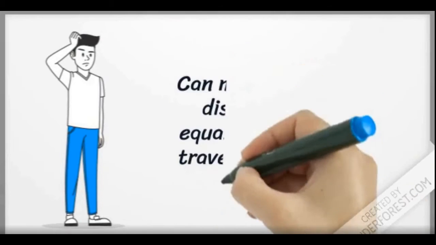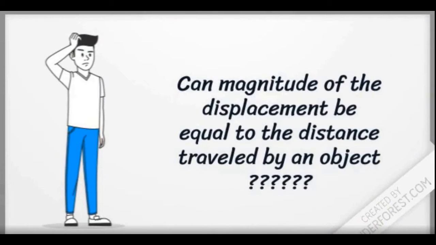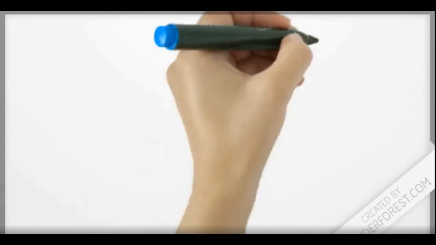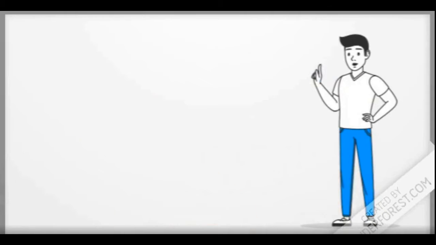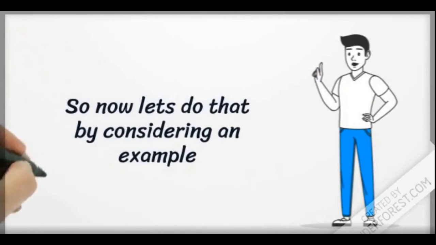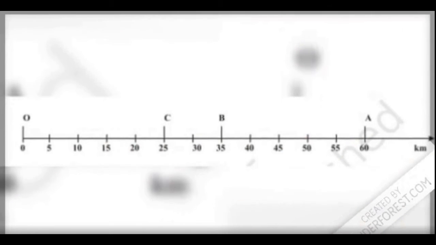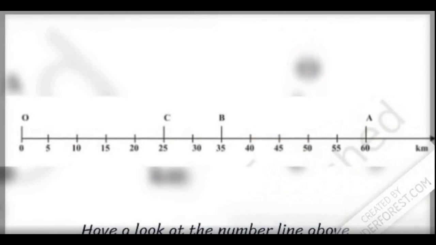Now you might be having a question in your mind. Can the magnitude of a displacement be equal to the distance traveled by an object? Now let's see the answer. To find the answer, let's do that by considering an example. Have a look at the number line above.